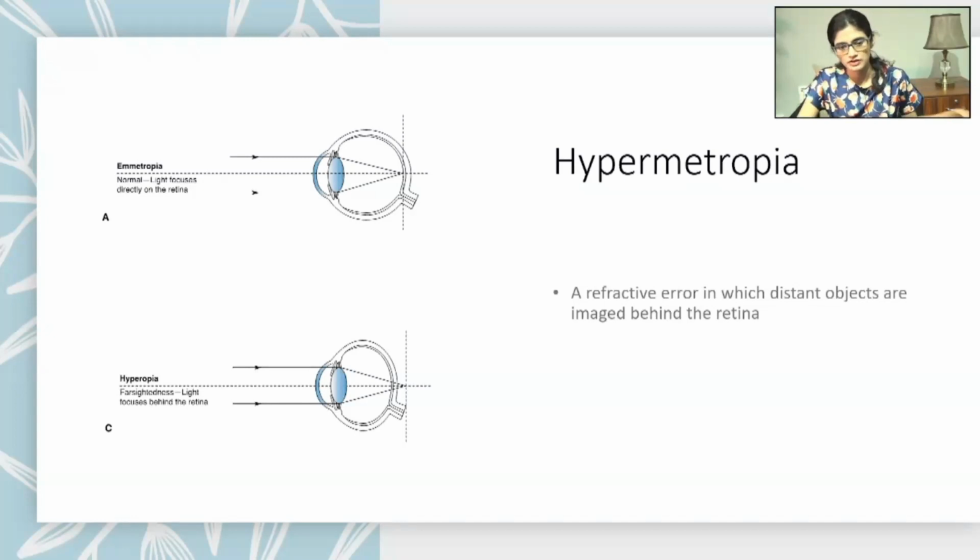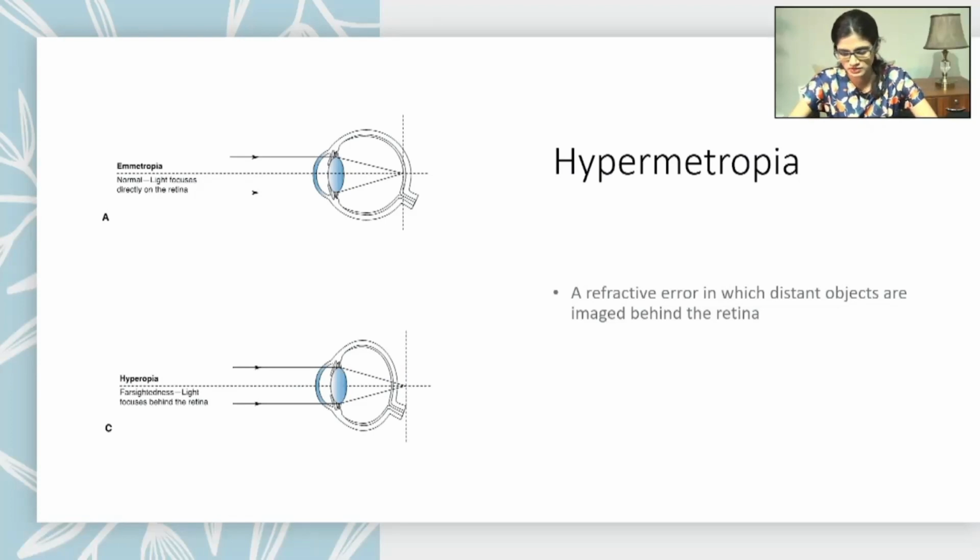So you can see that it can be due to either reduced focusing ability of the cornea or the lens, or because the eye is now shorter than normal. Normal is roughly about 24 millimeters. So these eyes can be 22, 21 and so on.